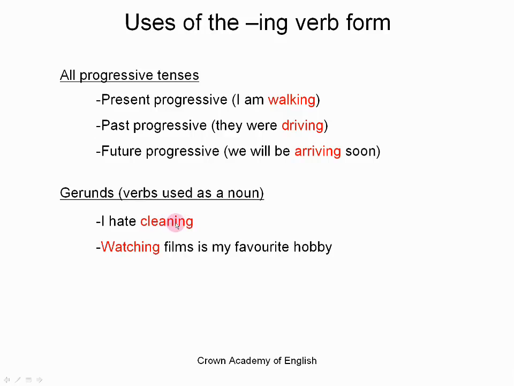It is the object of the verb I hate. I hate, what do I hate? I hate cleaning. Strictly speaking, it is a verb, but we are using it as a noun. So that is called a gerund, and the verb takes the ing form.